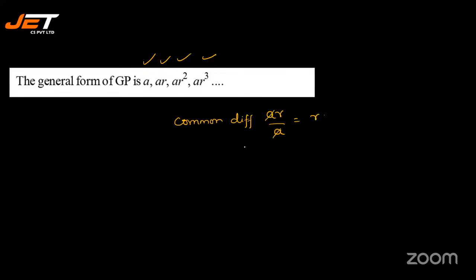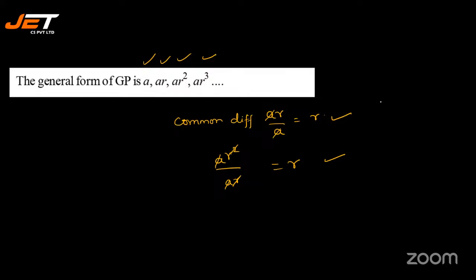You can check whether it is in GP by taking the third term divided by the second term. Whereas A gets cancelled, R gets cancelled, so you get R. So this is equal to this. Therefore, the given terms form a geometric progression.